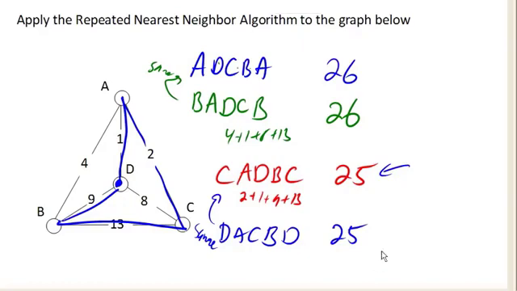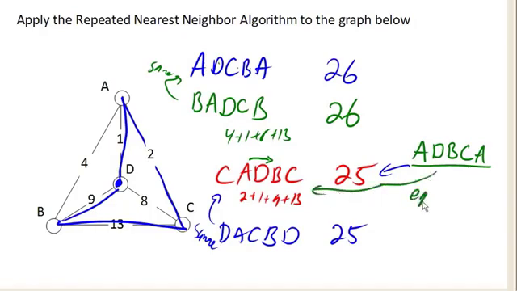Now, oftentimes we'll go ahead and rewrite our circuit starting at the vertex A. So we can do that here by saying, if I were to start at A, from A I would go to D to B, from A to D to B to C, from C back to A. And so this circuit is equivalent to this one.